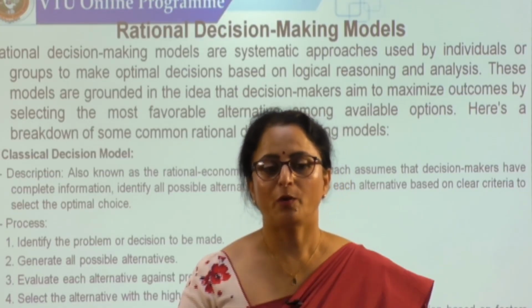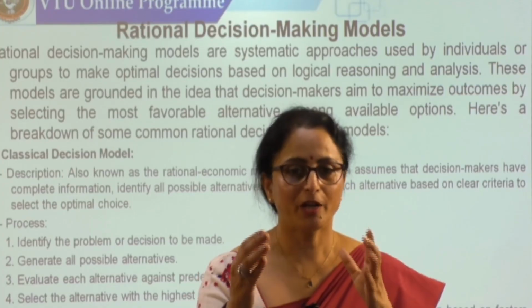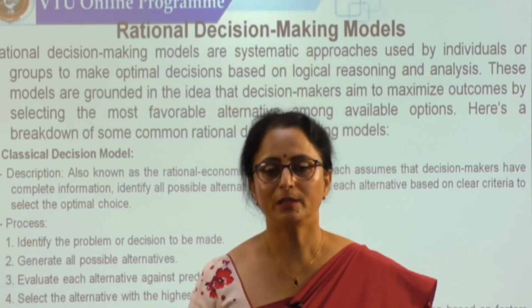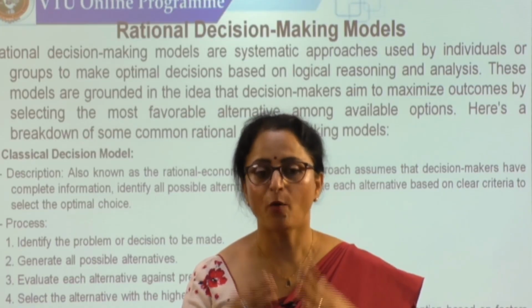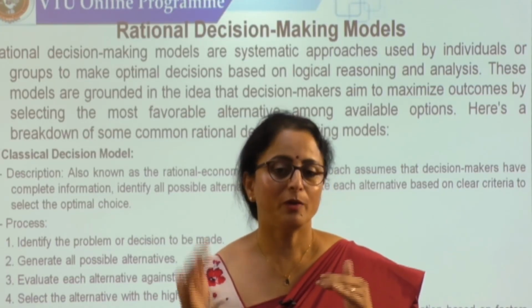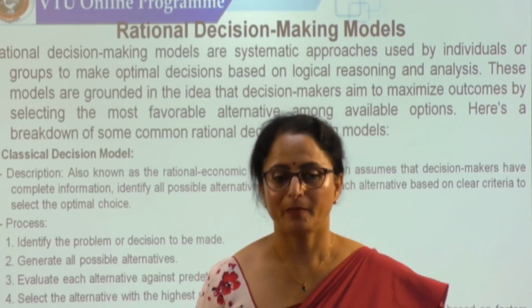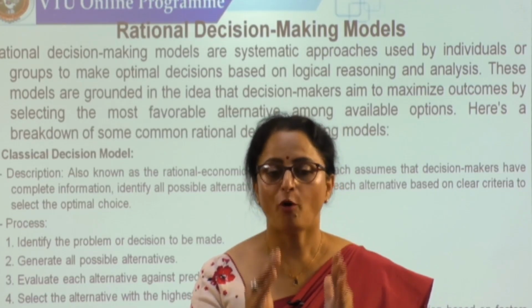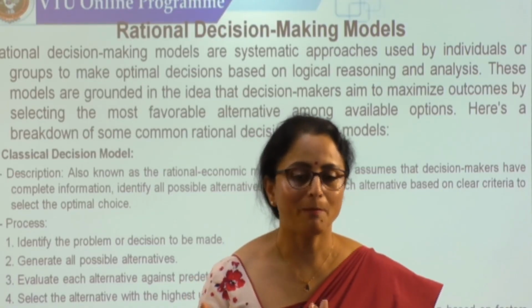So, there are different models of rational decision making. The first model talks about the classical decision model. They are also known as the rational economic model. In this, first you identify the problem or decision which has to be made.